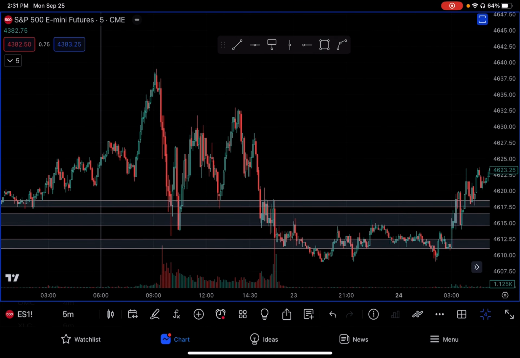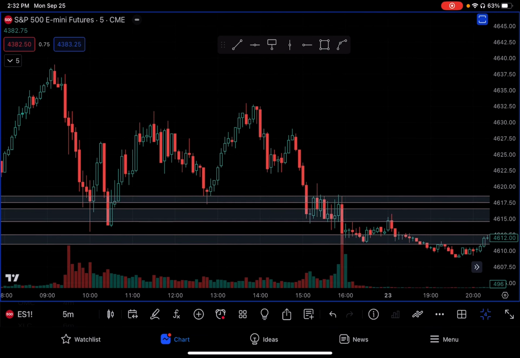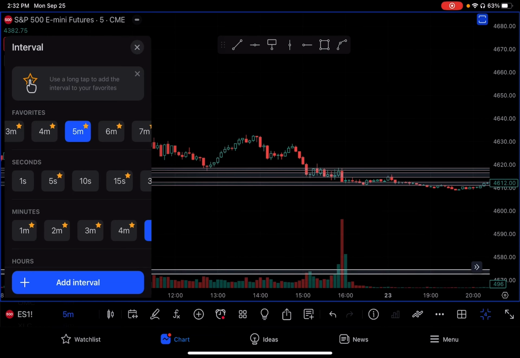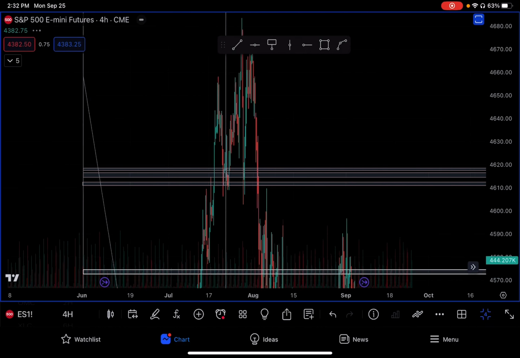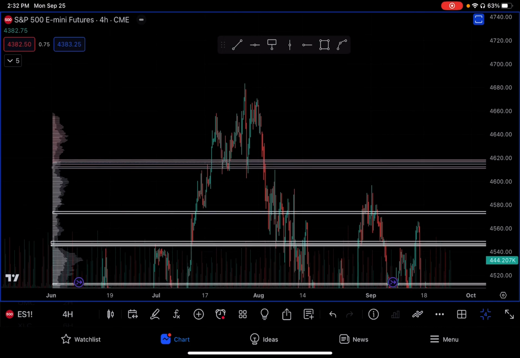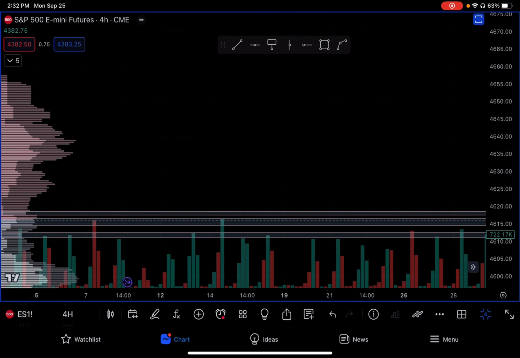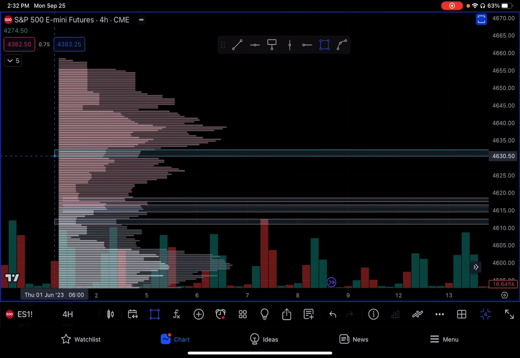Okay, so let's go back, and we're going to go up to 46.38. We're going to draw our LVNs up to 46.38. Okay, this will be fast. Make these white.